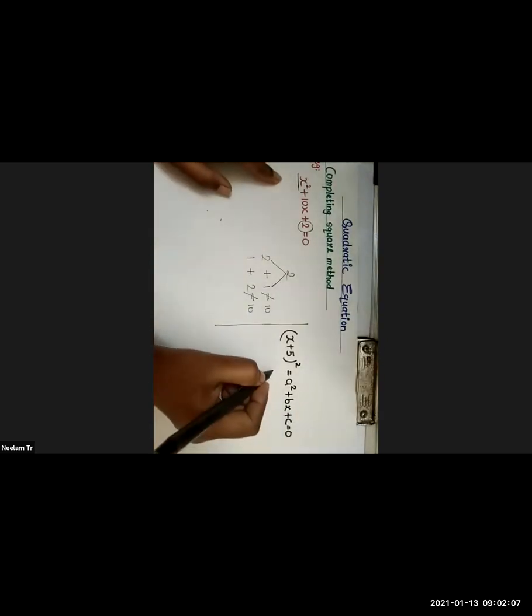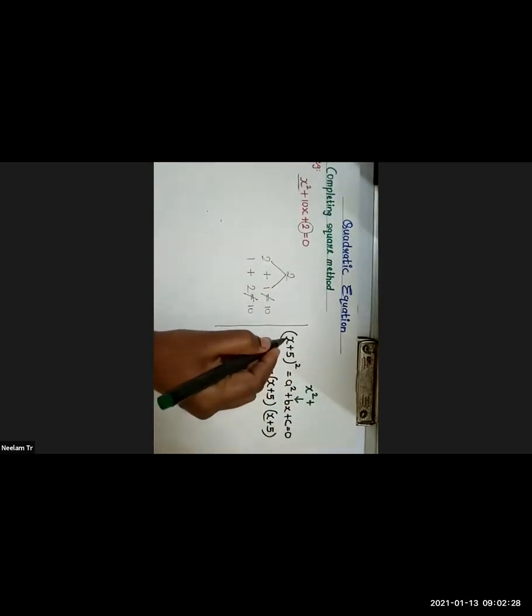You can split it as x plus 5, x plus 5, or directly write it as x square plus 2ab, that is 2 into x into 5, which is 10x, plus the square of 5, which is 25.